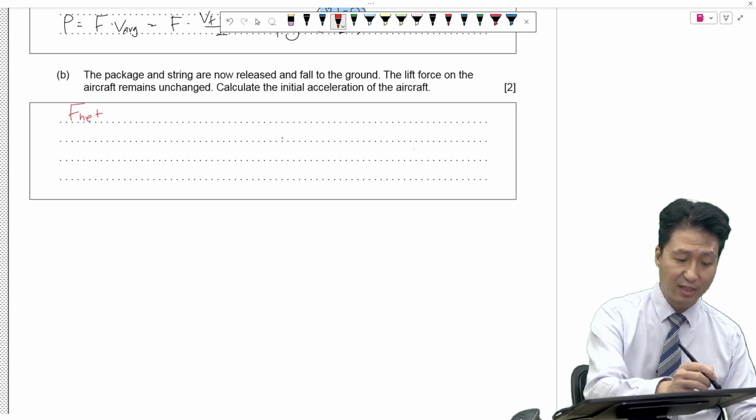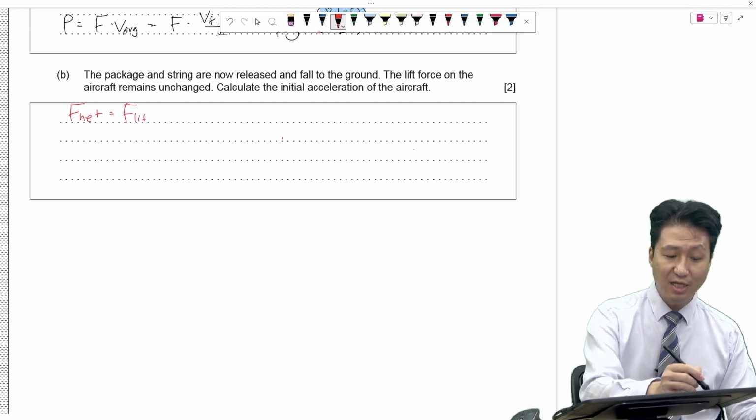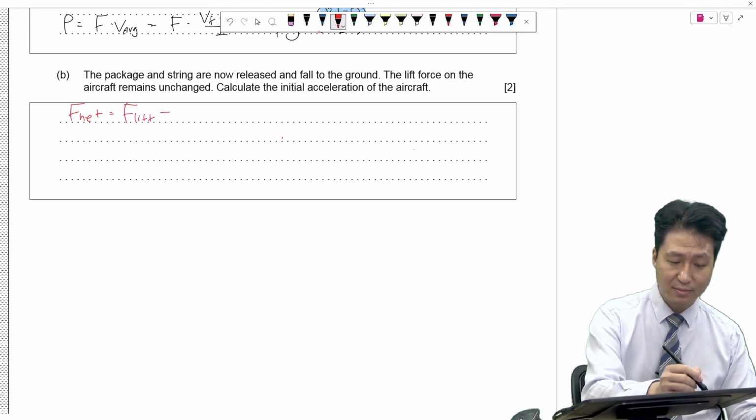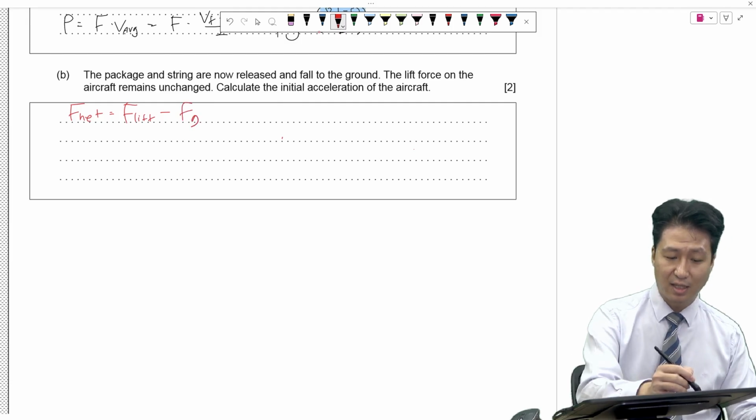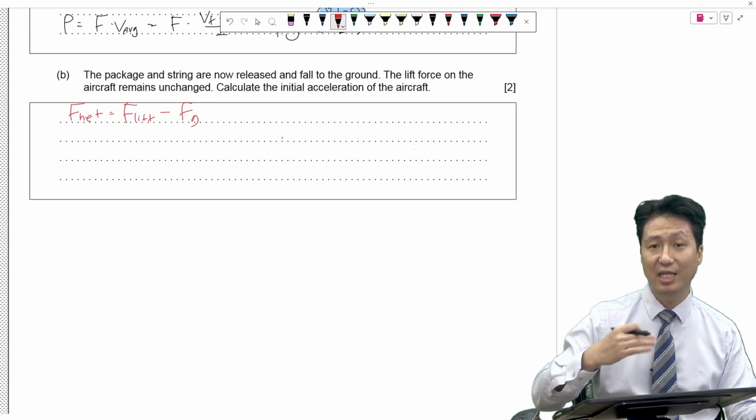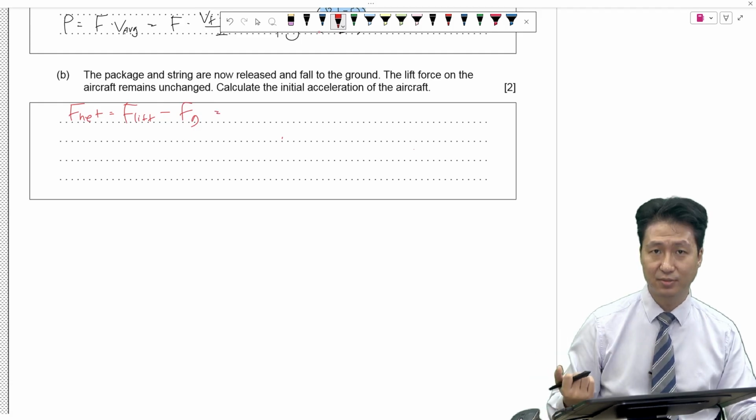First, we will find the net force on the aircraft. The lift force is still the same. And now you have to subtract the weight of the aircraft, or the gravitational force on the aircraft, now that it's not connected to the package.